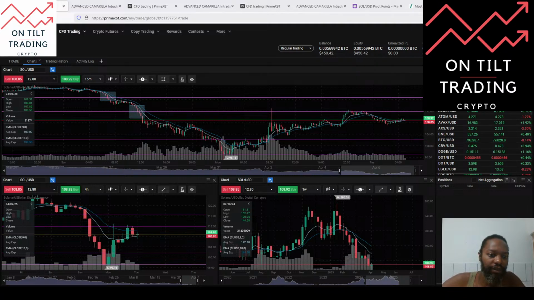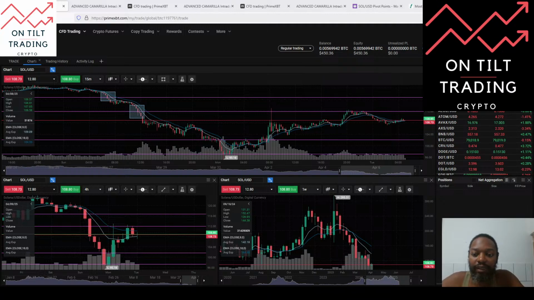Seeing this setup here at the R3 cam pivot, in addition to what I'm seeing here on the moving averages on the weekly, with this dark blue one on top being the 18, and this light blue line being the 9, and these are exponential moving averages.